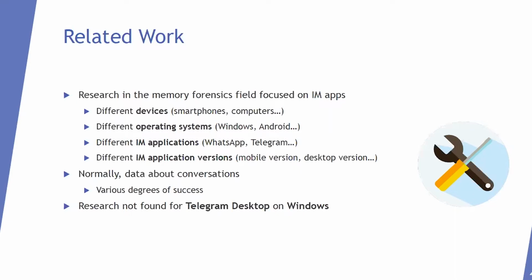All the references to these articles can be found in the associated paper that goes with this presentation. In all these works, normally, although not always, the researchers are able to retrieve data about conversations from the memory with various degrees of success. After analyzing all these works, we haven't found research targeting Telegram Desktop for Windows.